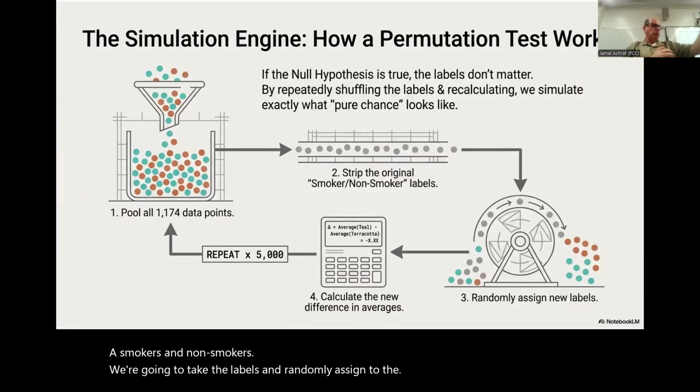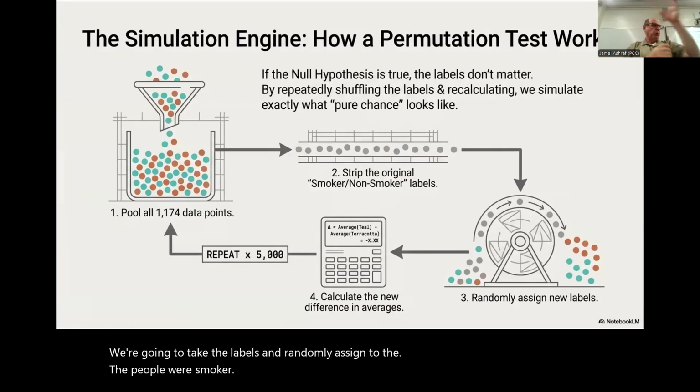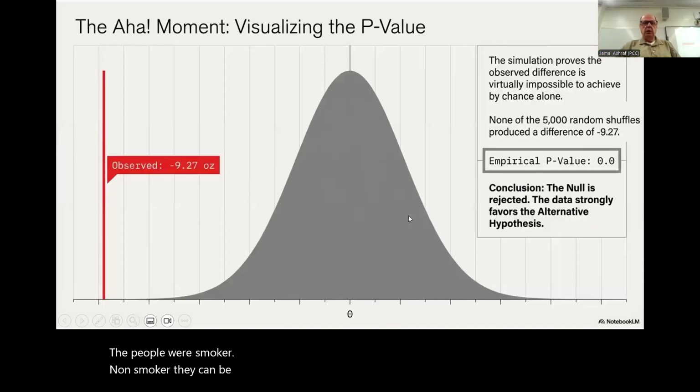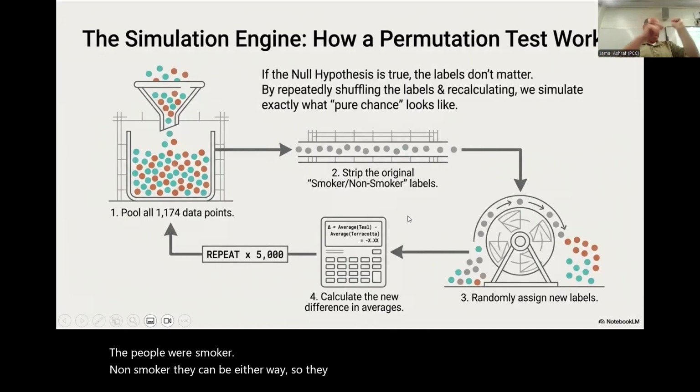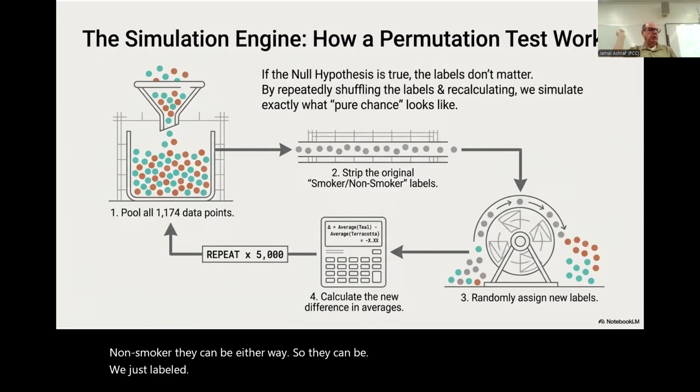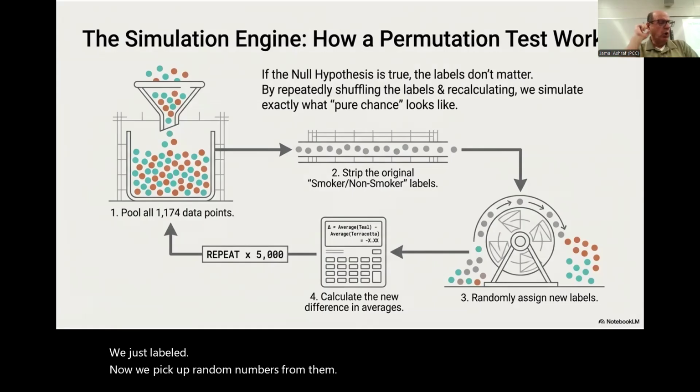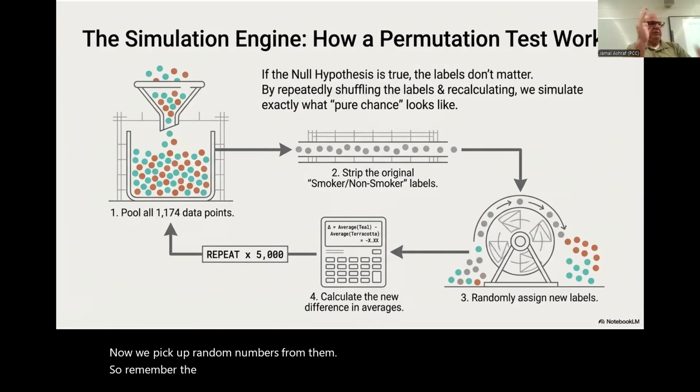The people who were smokers or non-smokers can be either way, we just relabel them. Now we pick random numbers for them. So remember, the goal is to figure out if we can randomly find a 9 pound difference.